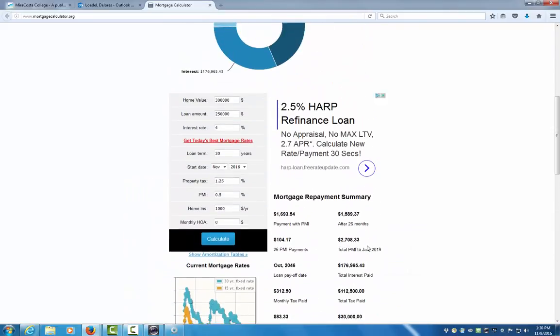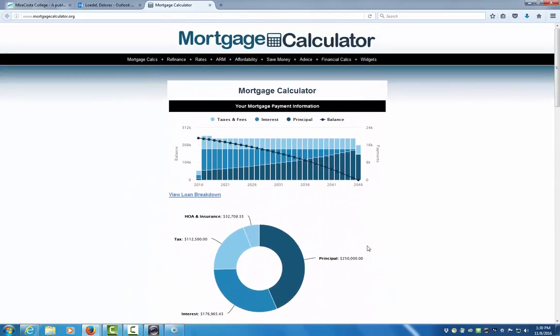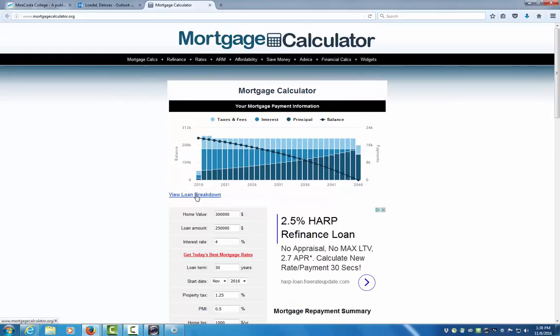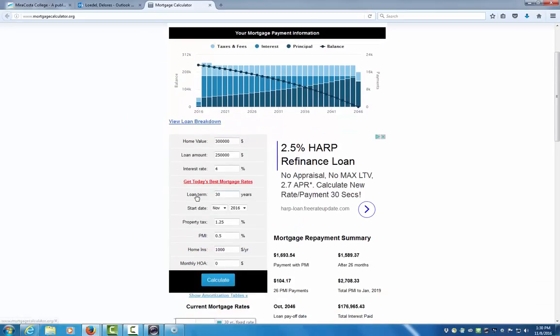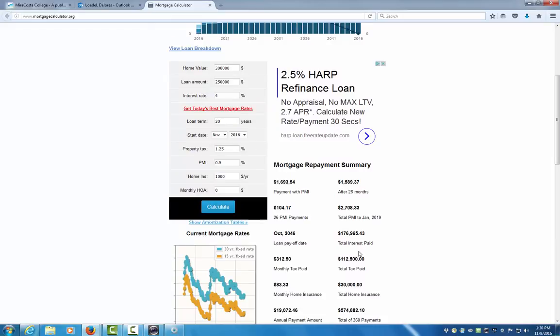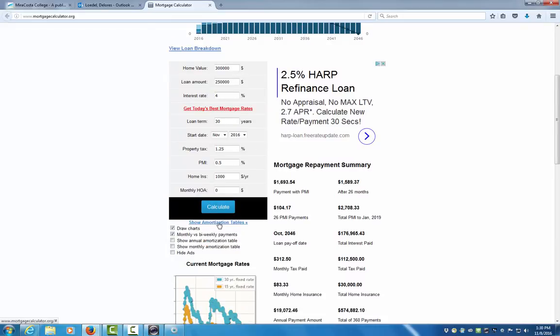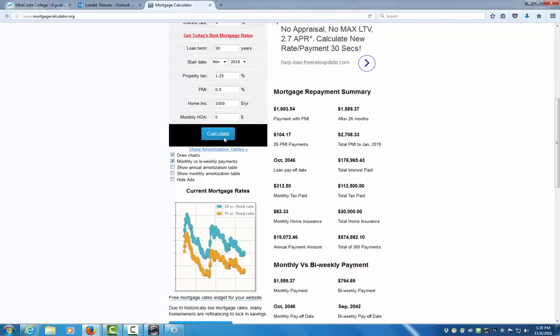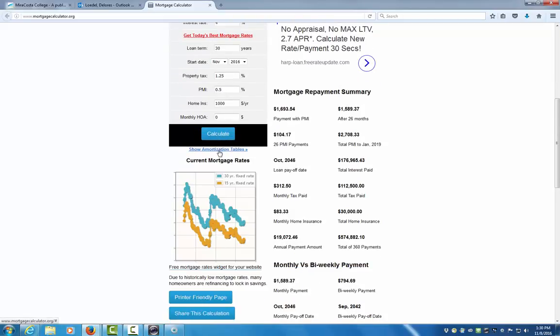I thought they had an amortization schedule here. Oh, here it is. Show amortization tables. Okay, so we can look at the amortization table right here.